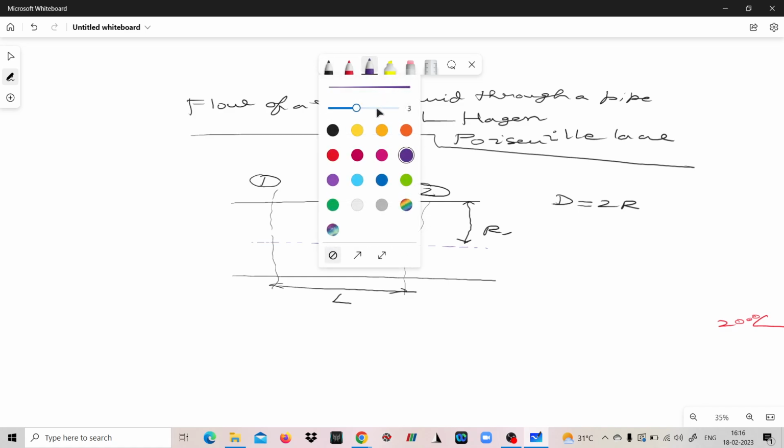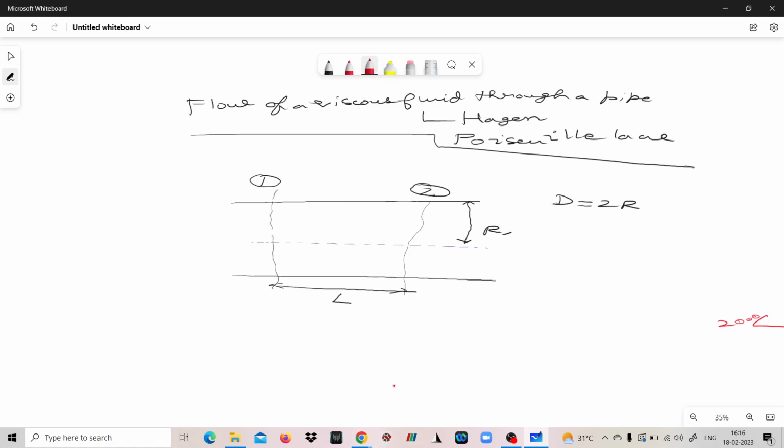Let me change the color. We have a cylindrical fluid element exactly at the center, such that the radius of this cylindrical fluid element is r, and its length is dx, that is the elemental length.